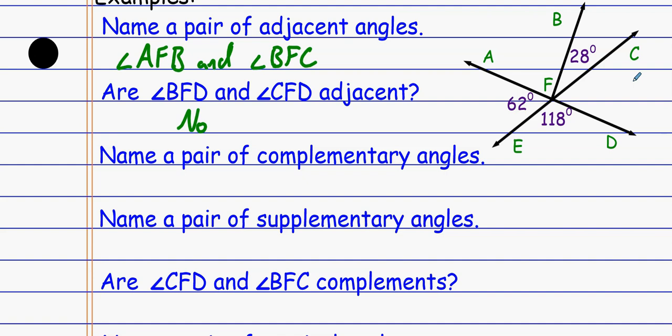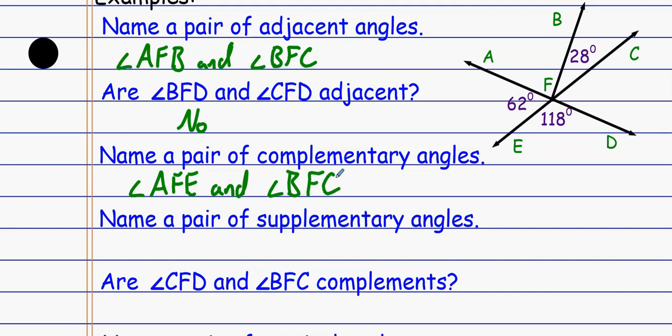Name a pair of complementary angles. I just have to look around for any two angles that add up to 90 degrees. And it looks like the 62 and the 28 add up to 90 degrees. So therefore, angle AFE, that's the 62-degree angle, and angle BFC are complementary.